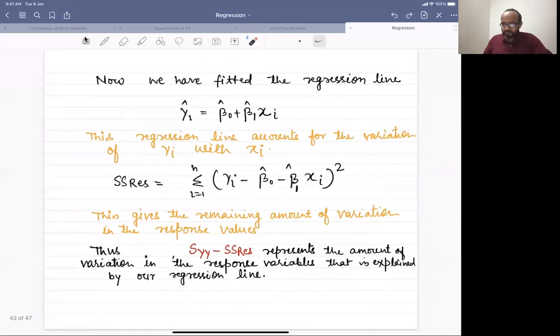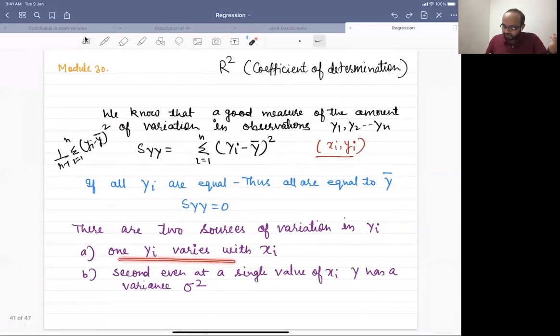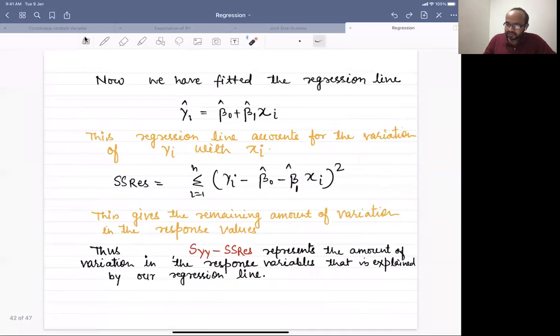So in order to account for the first cause of variance, the relationship between y and xi, we have already fitted this relationship as a straight line, and these are our predicted values at each observation point corresponding to each xi.